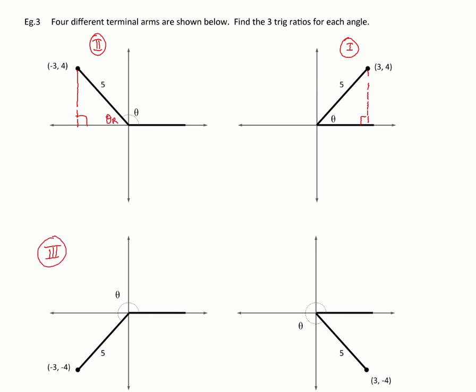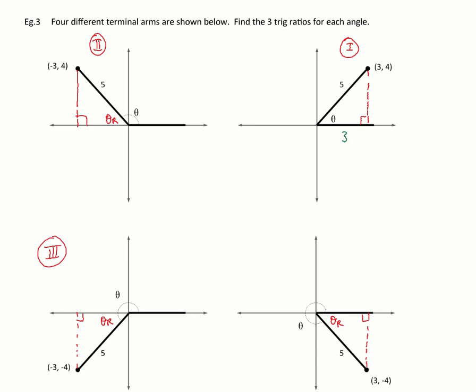In quadrant 3, the reference angle and reference triangle is there. And in quadrant 4, it is underneath. So the same kind of coordinates are in play, but the sign of them is going to change, the x and the y sides.